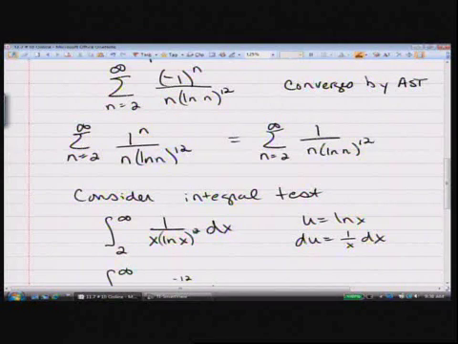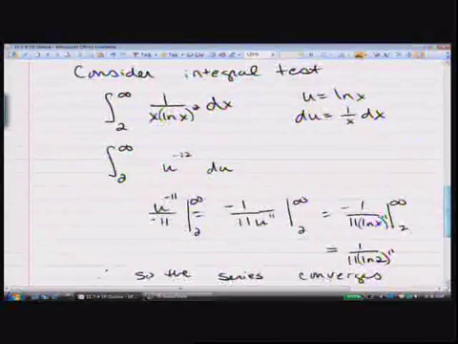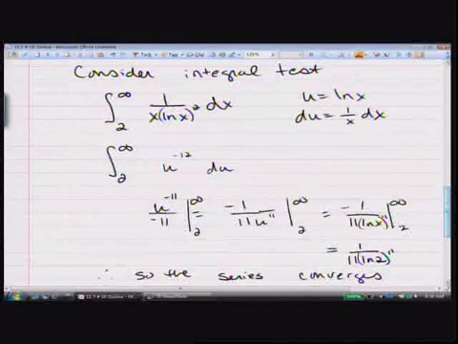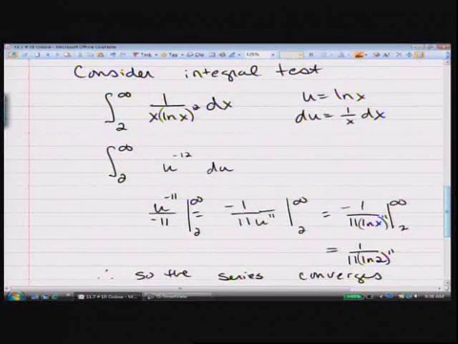But since it was to the 12th power, that was where it got good. Obviously, if it had just been 1 over x ln x, that series diverged. I used the integral test to show that it diverged, and that's where I was messed up. But that wasn't the integral I should have been considering.